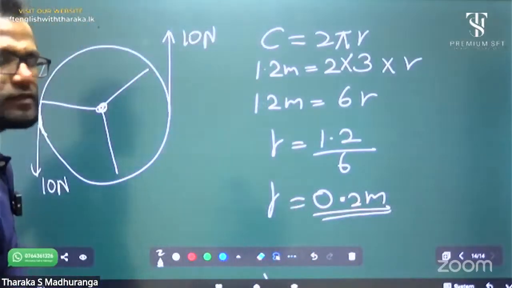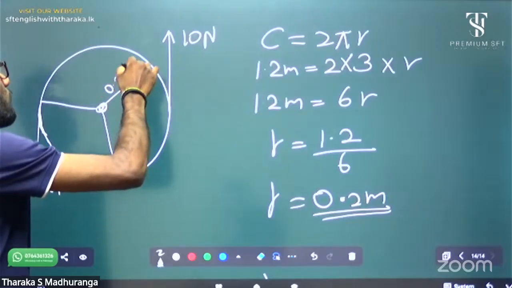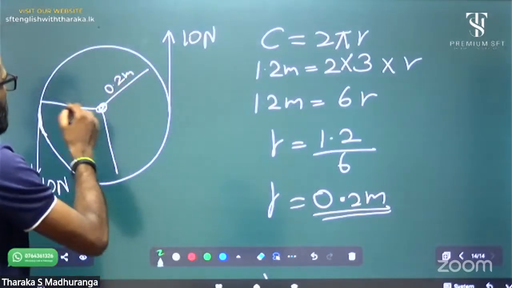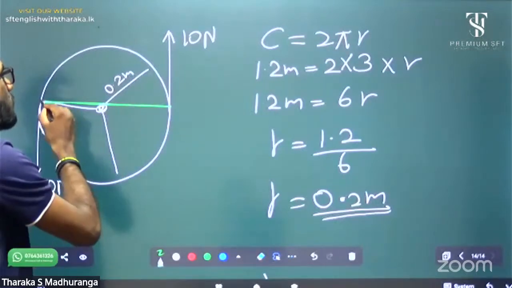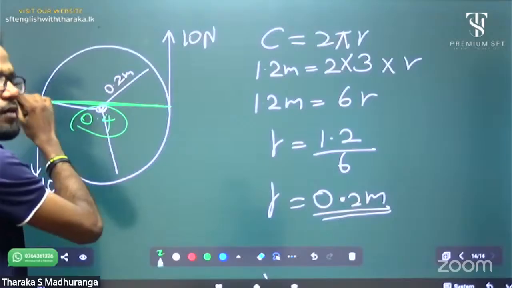Now the radius is 0.2 meters. Now what is the gap between the two forces? 0.2 plus 0.2, it is 0.4, the diameter.